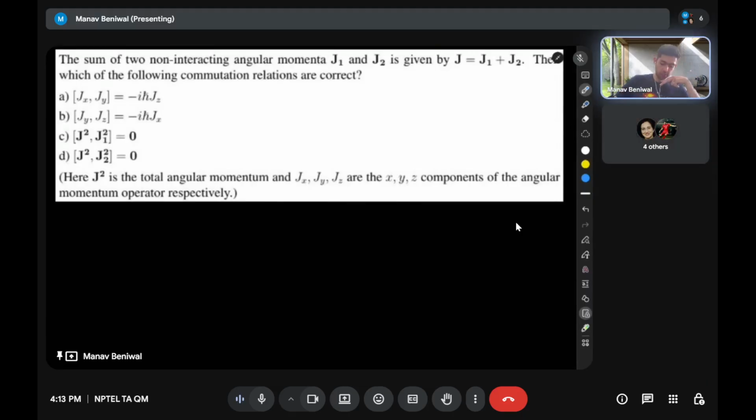Okay. So let's come to the second problem. I hope there are no doubts in the first problem. For the second problem, we are given two non-interacting angular momenta, J1 and J2.